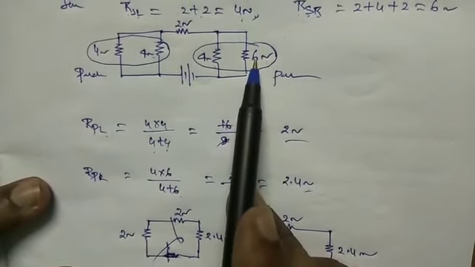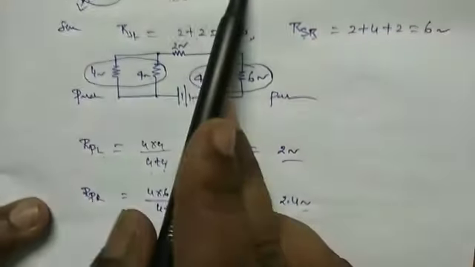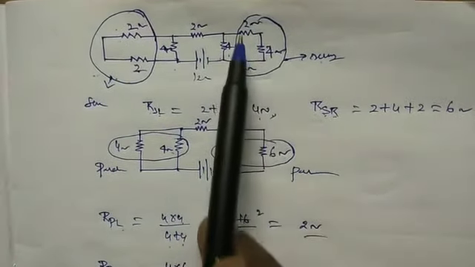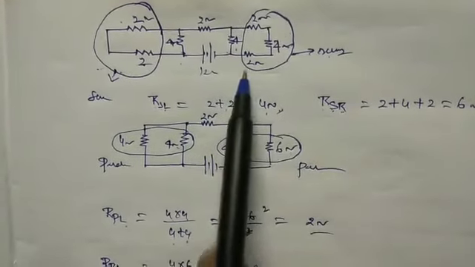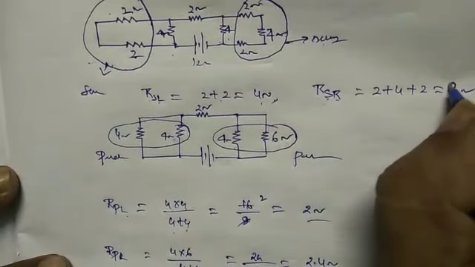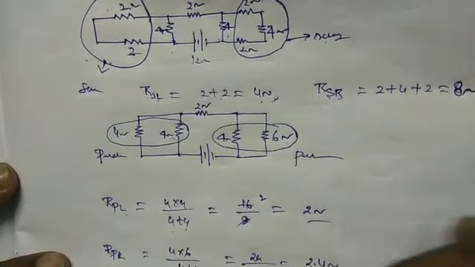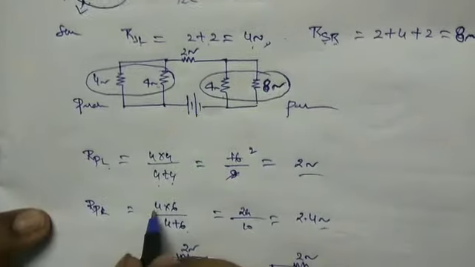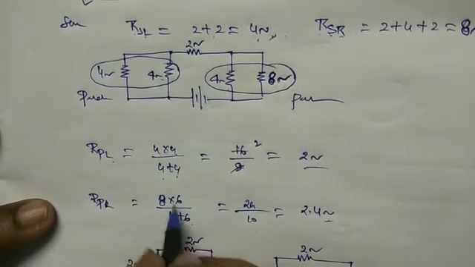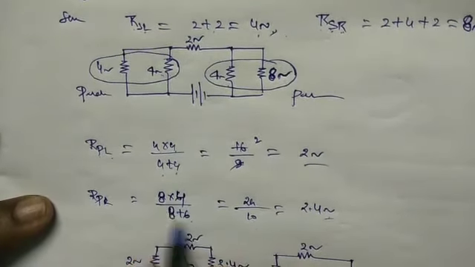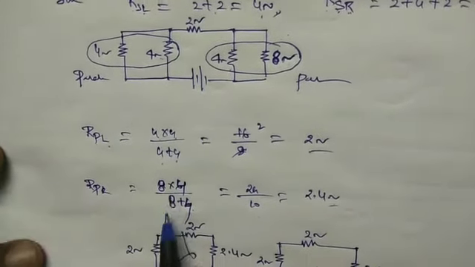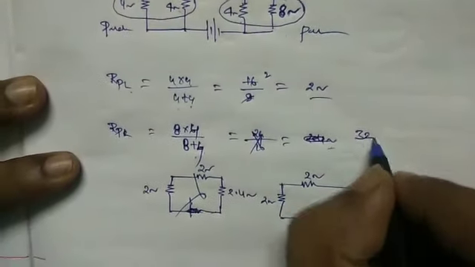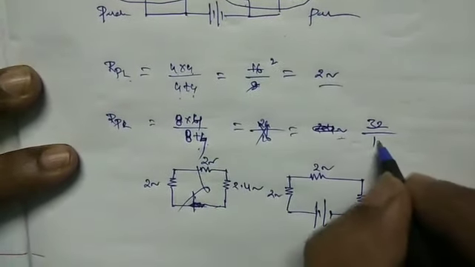Why is it 6 ohms here? From the above, 2 plus 4 plus 2: 2 plus 4 is 6, and 6 plus 2 is 8 ohms. I think this is 8 ohms. So 8 into 4 by 8 plus 4: 8 into 4 is 32, divided by 8 plus 4, which is 12.